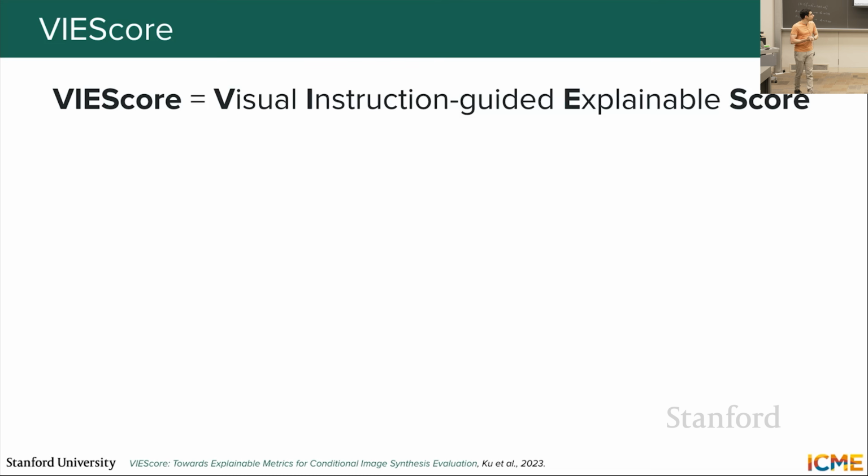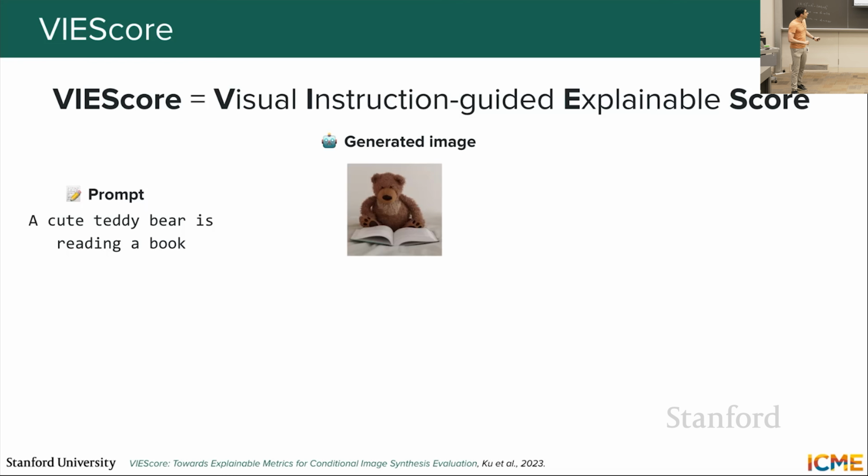And this brings us to a paper that popularized this mindset called VIE score, so Visual Instruction Guided explainable score, where you give your prompt, you give your generated image, and then you describe a rubric. And Afshine, if you remember at the beginning of the lecture, he mentioned two axes where we broadly had an interest in.